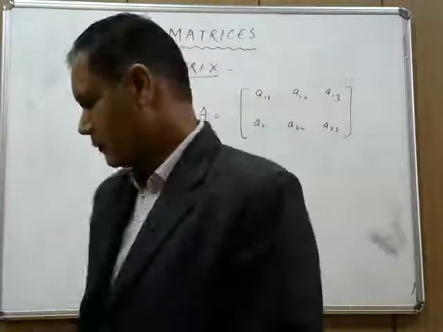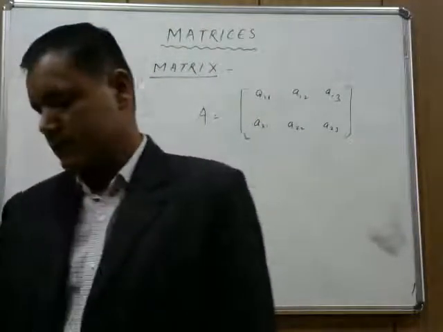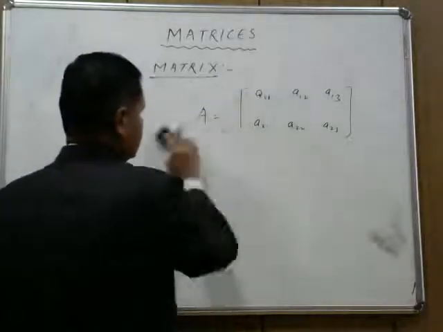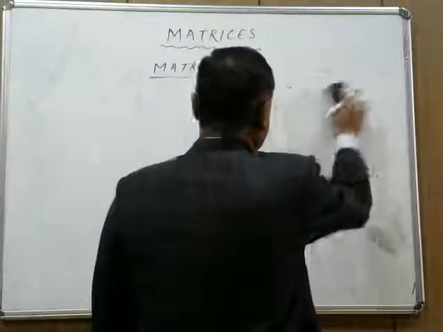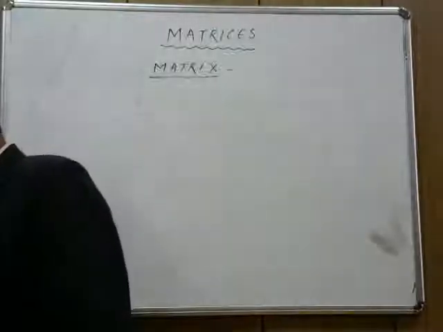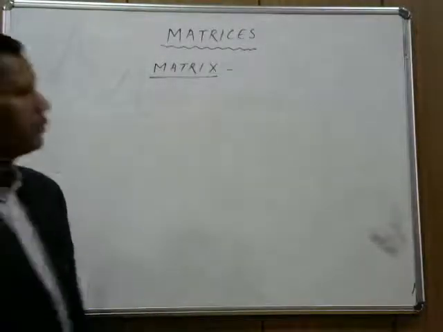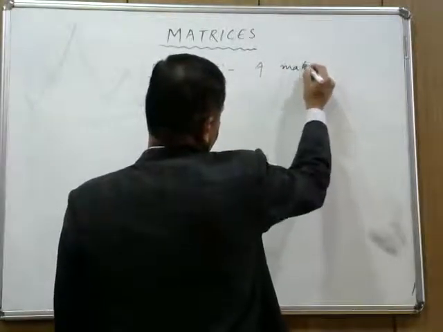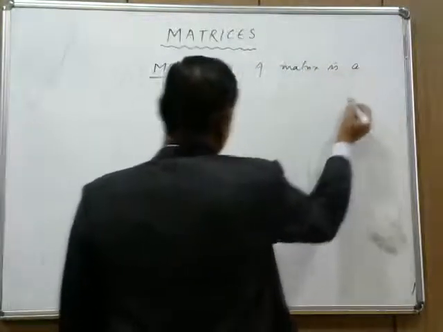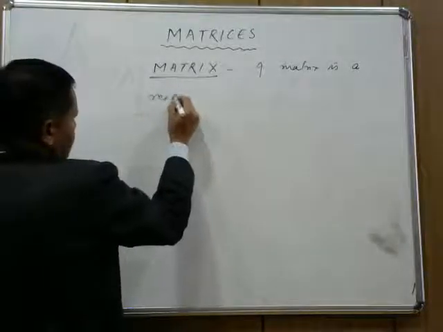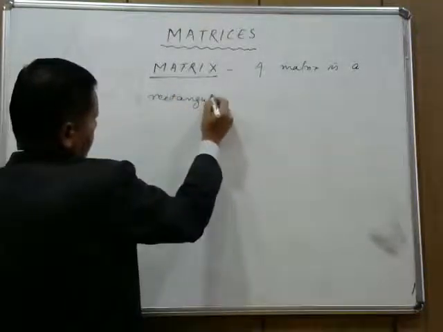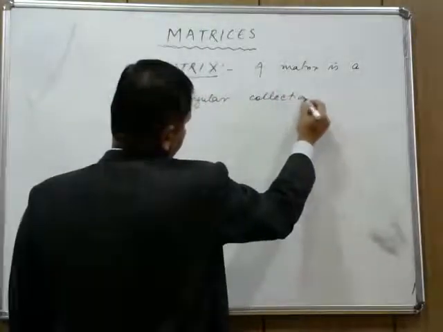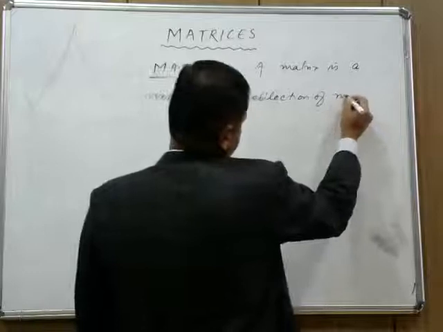There are different types of matrices, but first let me write the definition. A matrix is a rectangular collection of numbers.